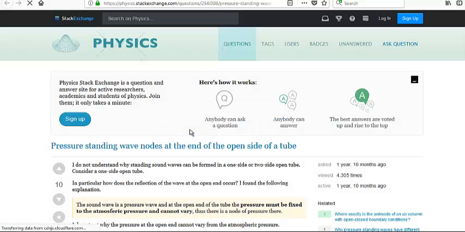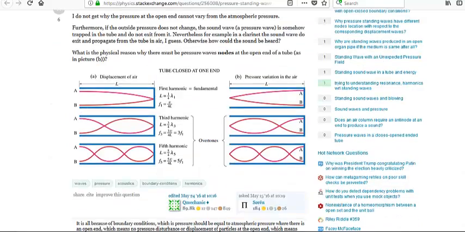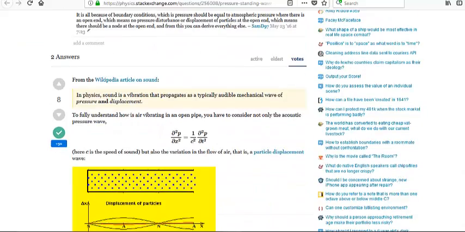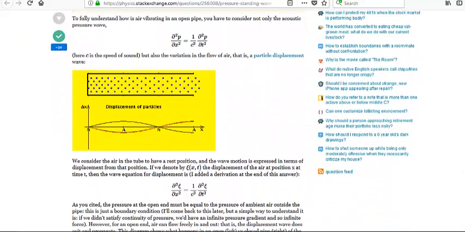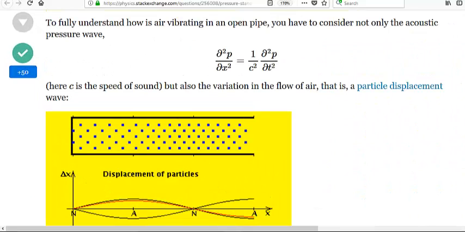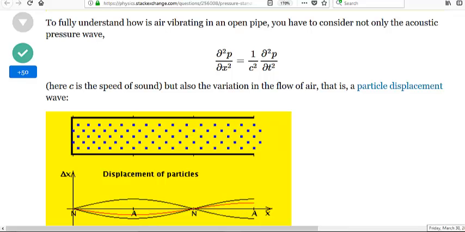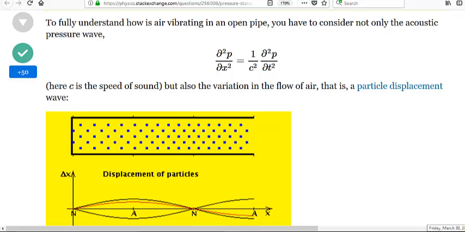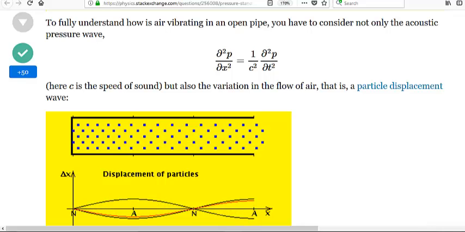So somebody asked this question, and this person gave an answer, and they have this nice little diagram. So this is a tube closed at one end. You can see how these particles don't move, but they're getting smushed.